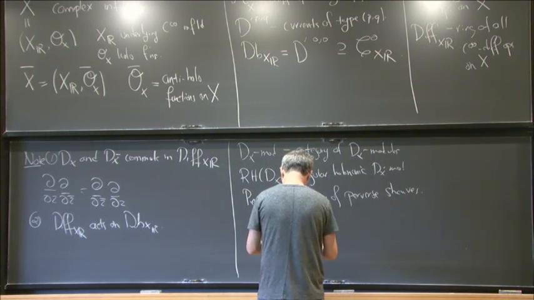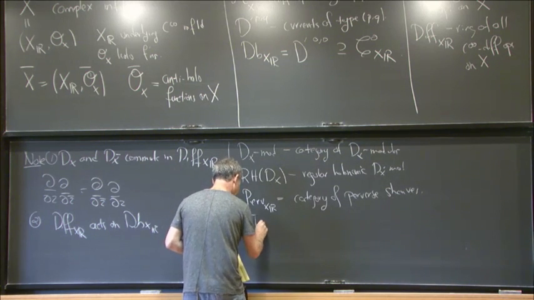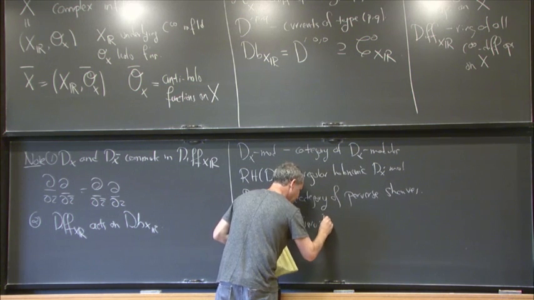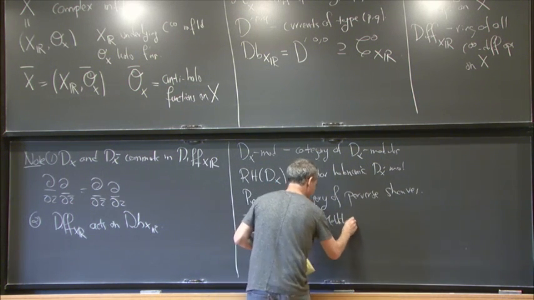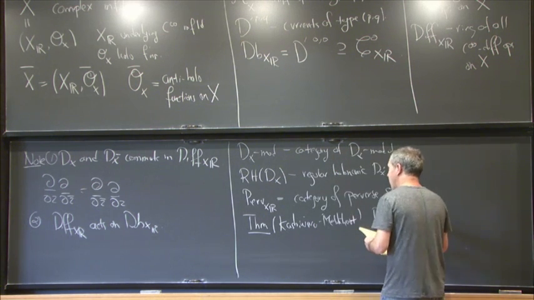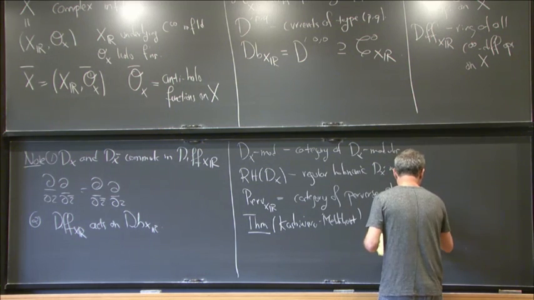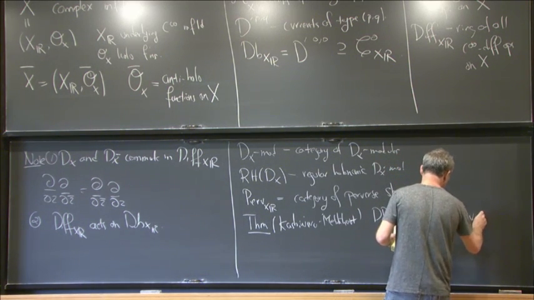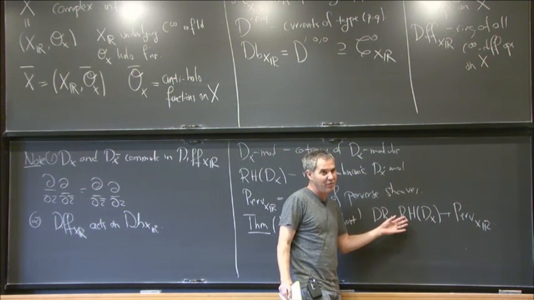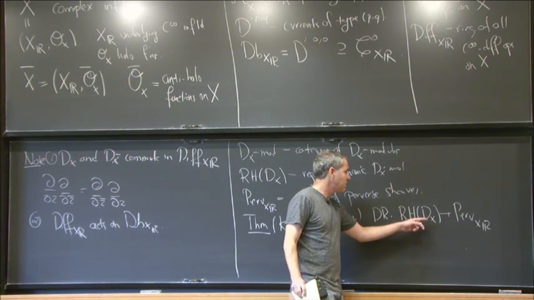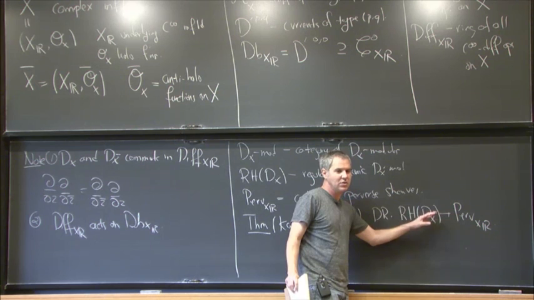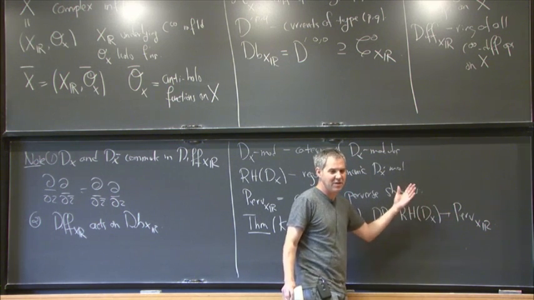Then you have the famous theorem of Kashiwara and Mebkhout: an equivalence DR from the regular holonomic D_X-modules to perverse sheaves on X_R. One thing that motivates what I say next is that Perv(X_R) doesn't care whether you use D_X or D_X bar. It's the same thing.